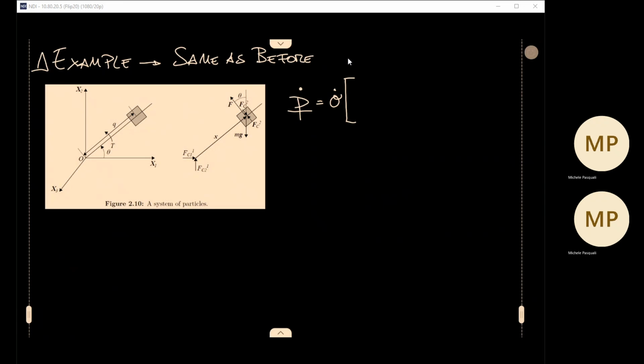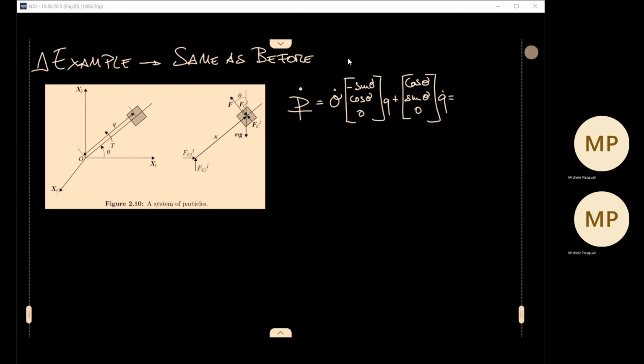Now if you go and check: sine of theta, cosine of theta, and 0 times Q plus cosine of theta, sine of theta, and 0 times Q dot. Sorry, this is Q dot. Yeah, of course, it's Q dot.